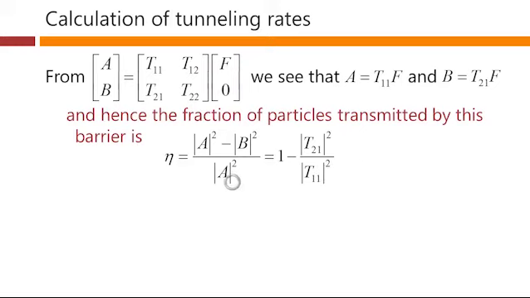We've just cancelled out dividing the mod A squareds out here, so we're just looking at 1 minus mod B squared over mod A squared, which is this expression here. So if we can calculate the transfer matrix for this entire structure at some energy, we can figure out what the fraction of transmitted particles is.